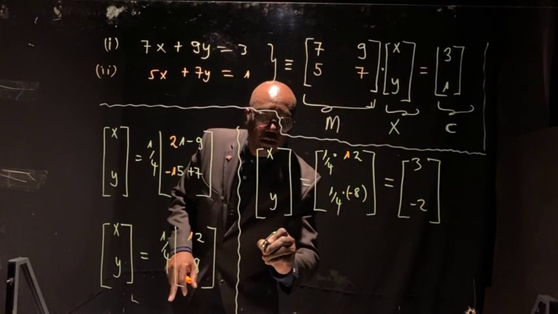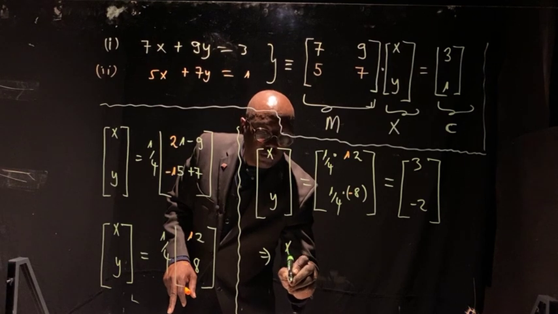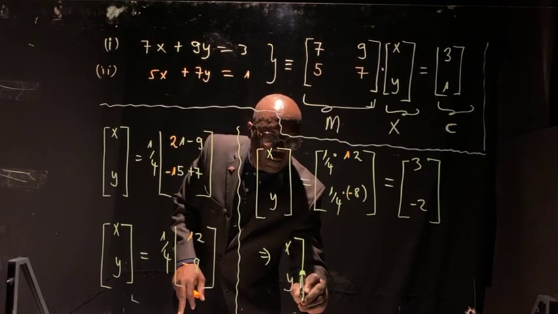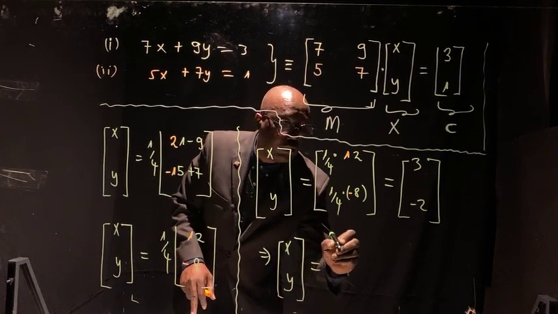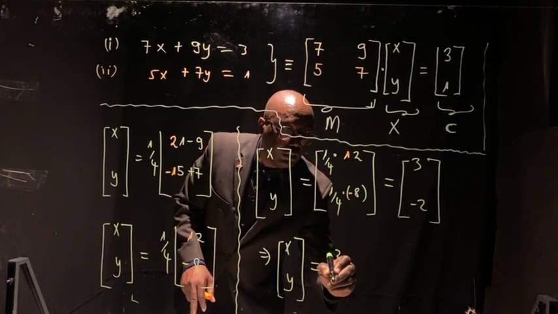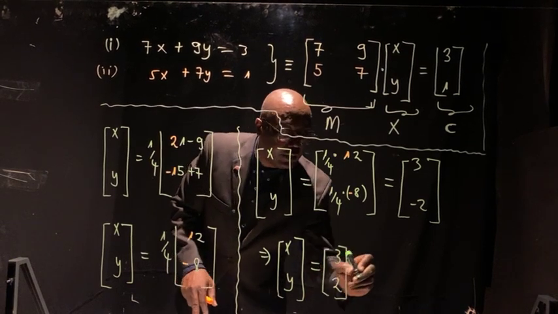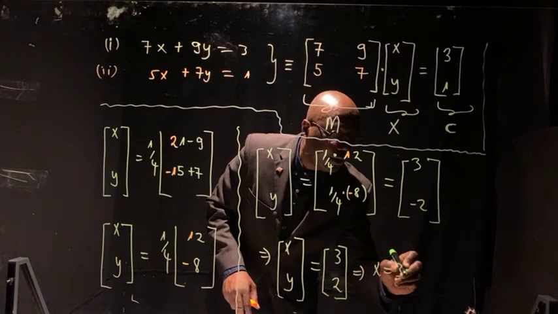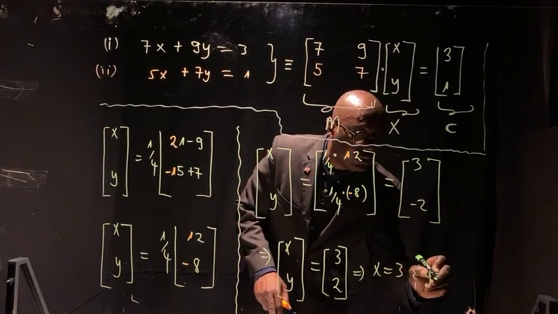Which implies we have x, y, equal 3, minus 2. Which implies x is equal to 3 and y is equal to minus 2.